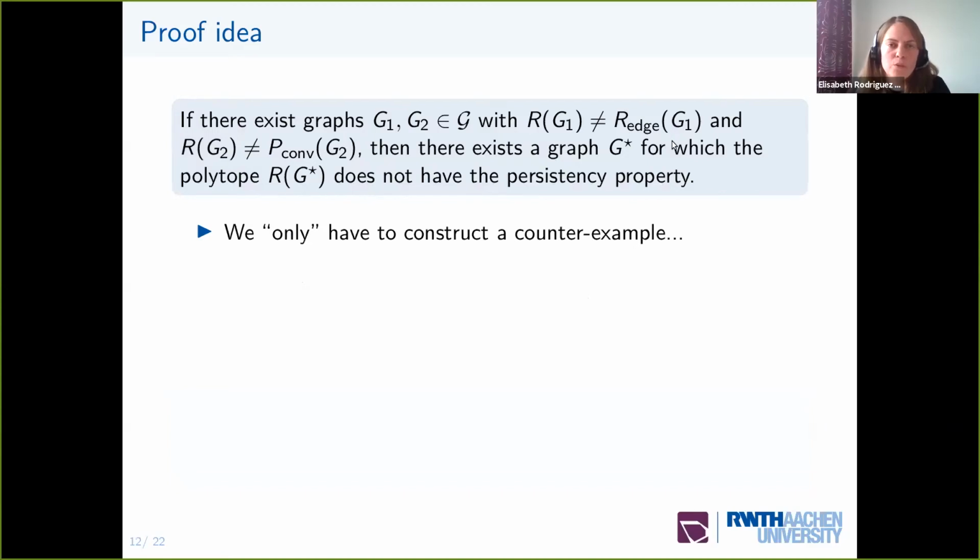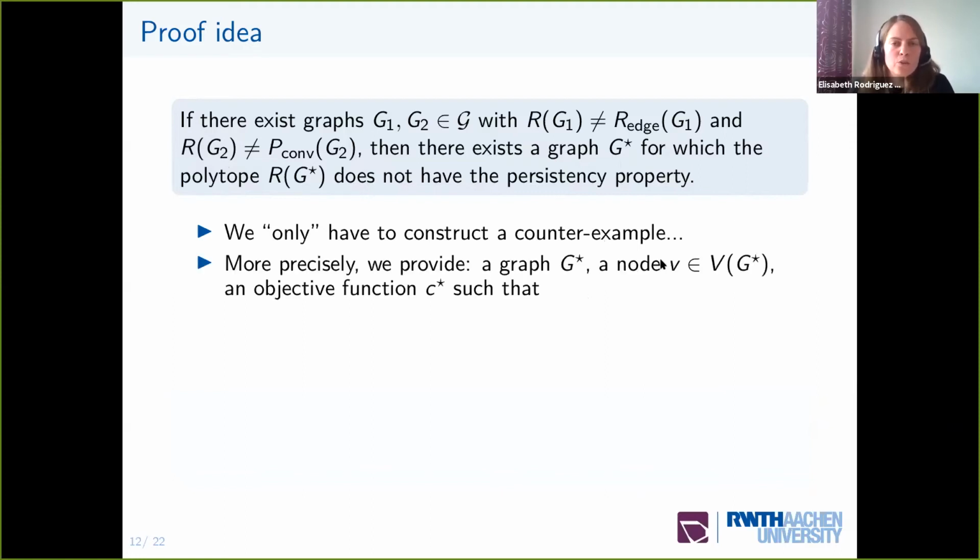So in a sense, we only have to construct a counterexample, right? Because we only have to find this graph G star and prove that the polytope does not have the persistency property. So we will provide a graph G star and an objective function C star together with a node, disproving persistency.